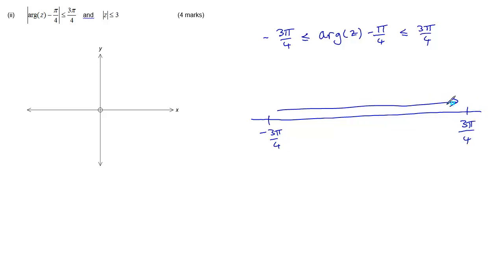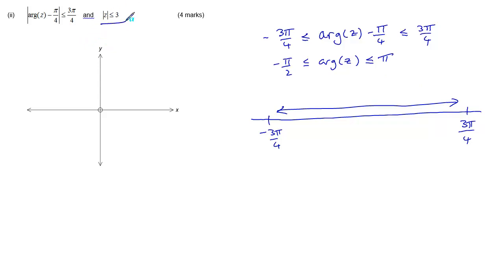Everywhere in between here, the modulus would be less than 3 pi by 4. So add pi by 4 to both sides, and we get -pi by 2 is less than or equal to arg z, which is then less than or equal to 3 pi by 4 plus pi by 4, and that is going to end up being pi.